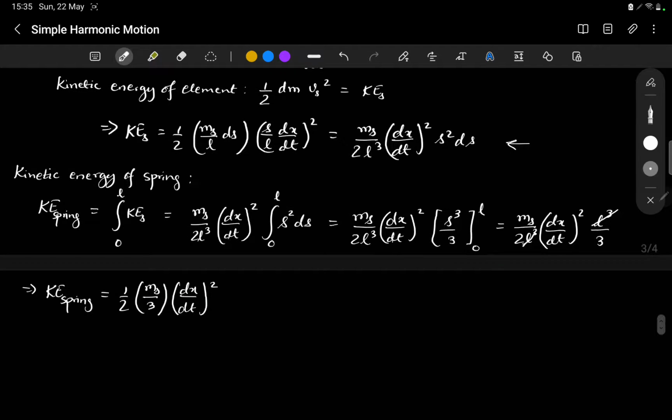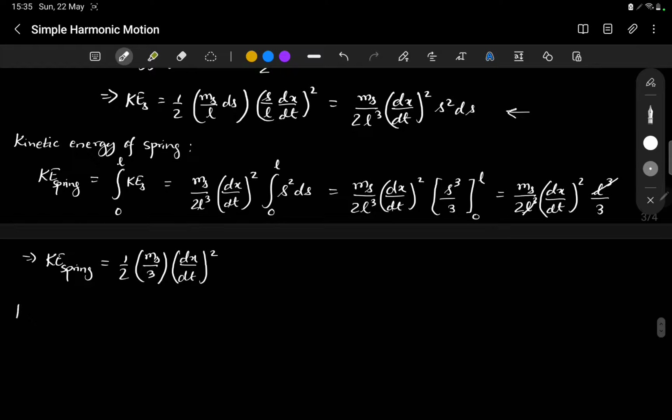Now the total kinetic energy of the whole system, that is spring plus the block, is the kinetic energy of the spring plus the kinetic energy of the block.